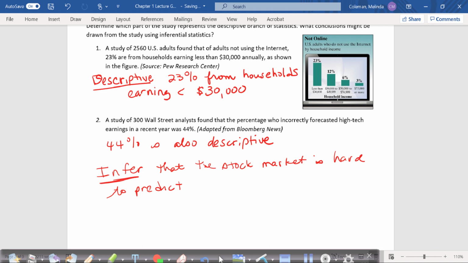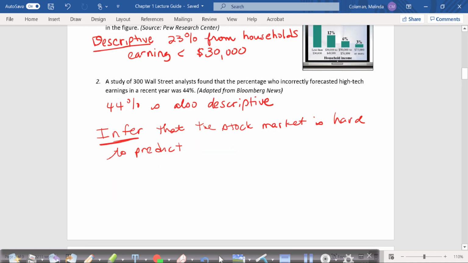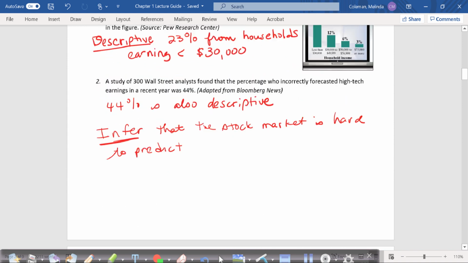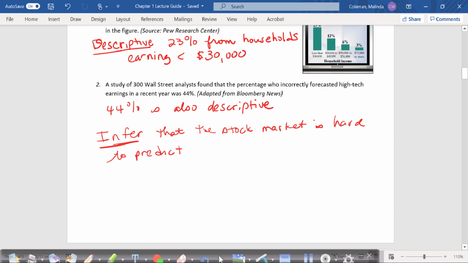It may or may not be true that the stock market is hard to predict, but because 44% incorrectly forecasted it, you might infer that that's part of the problem with working on Wall Street as analysts. All right, and that wraps up our first lesson.